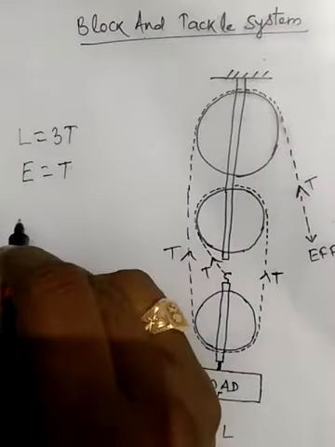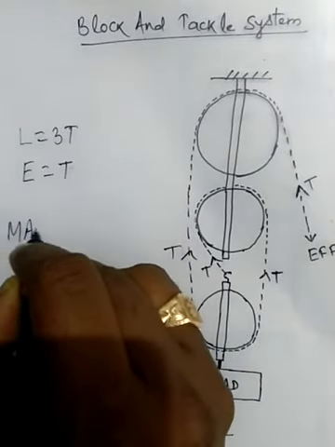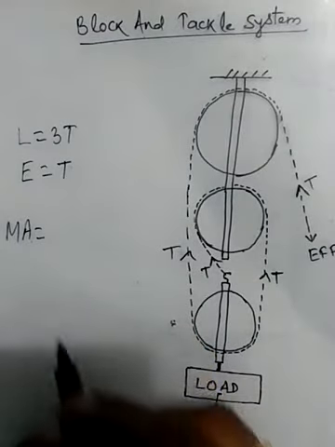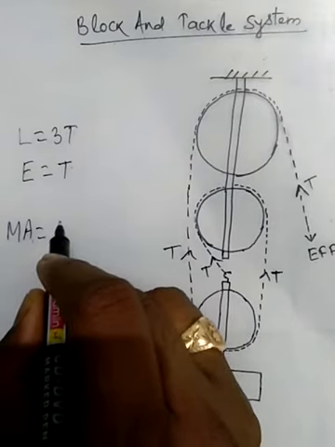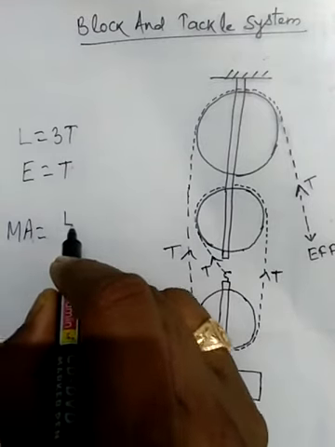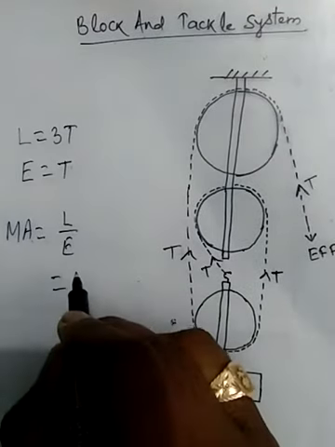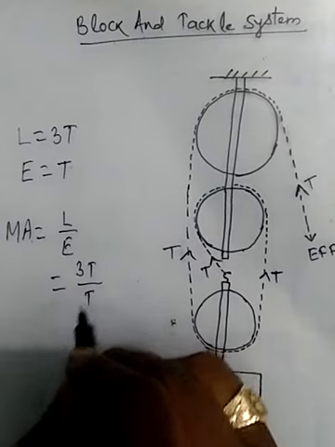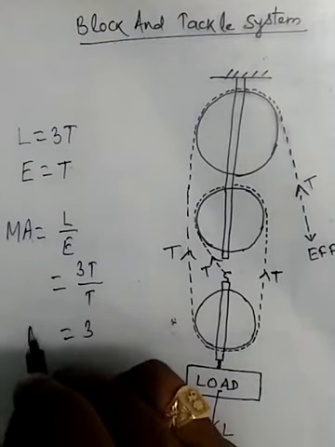Then we have to find the mechanical advantage for this system in ideal condition. As we know from the definition, the mechanical advantage is the ratio of load and effort, therefore we can calculate the mechanical advantage for this system, which is equal to 3.